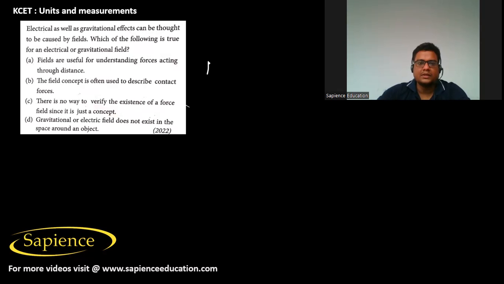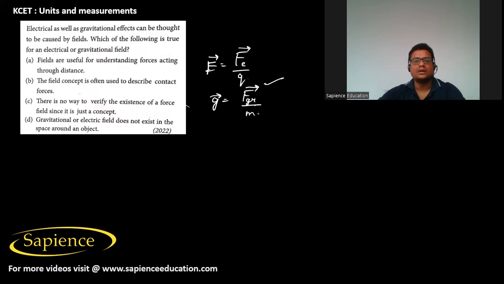Suppose, for example, electric field means the electric force per unit charge, and gravitational field also means the gravitational force per unit mass. So it means that fields are useful for understanding the forces acting through distance. So therefore, option A is the correct answer.